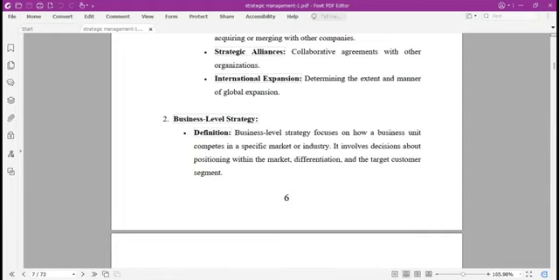And the target customer segment. There's something called segmentation. That is the division of markets into various units. And this can be accomplished by having different markets. Of course, all markets cannot be the same in terms of prices, in terms of quantity.